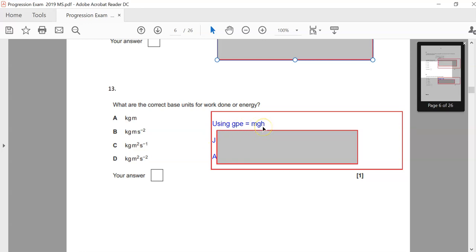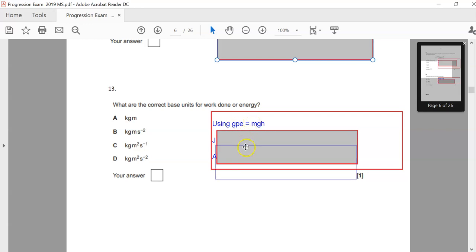And then for 13, for this particular question I've chosen GPE equals mgh as a way to work out the base units of energy. You could have used any equation where energy is equal to some expression. So for example, KE equals a half mv squared, work done is force times displacement. There are lots of energy equations throughout the course where it wouldn't matter which one you chose, you still get the same answer.